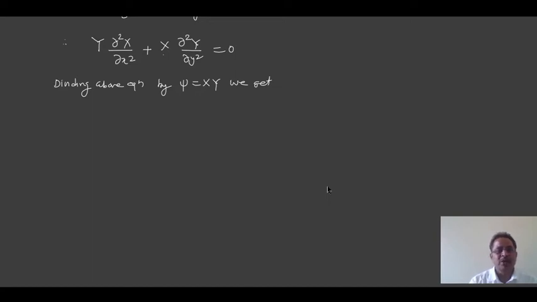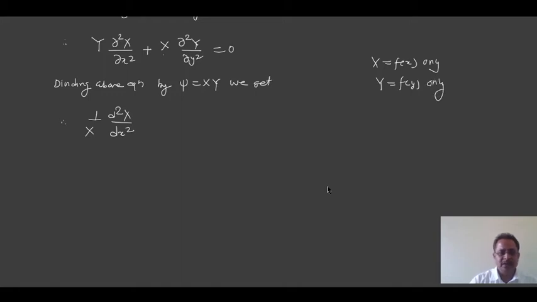So dividing the above equation by the product XY or psi, the left hand side is 1 upon capital X into d²X/dx². Now I am writing d²X/dx² because I know that capital X is a function of small x only, and in the second case also Y is a function of small y only.